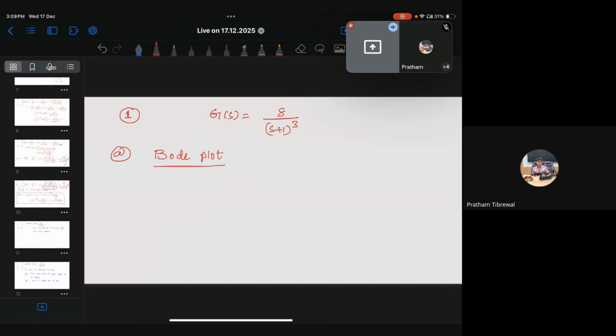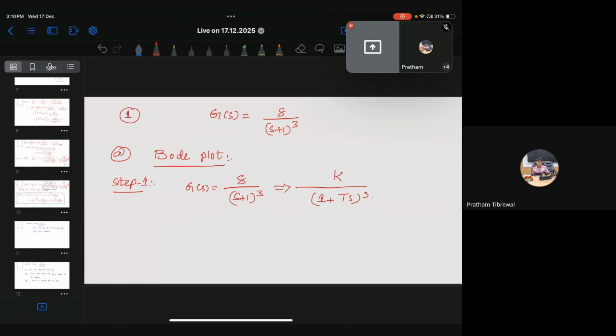So Bode plot. What do we do to draw the Bode plot? Generally, step 1: considering g of s as 8 by s plus 1 whole cube, we'll consider this as a transfer function of this nature, 1 plus ts whole cube.